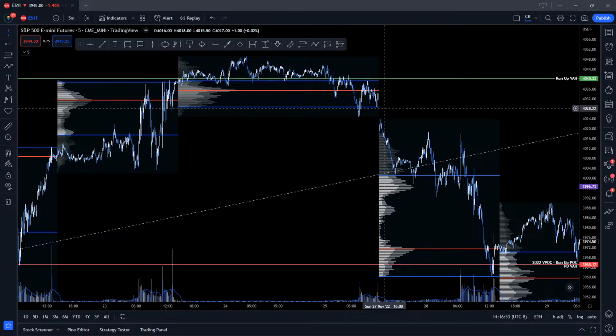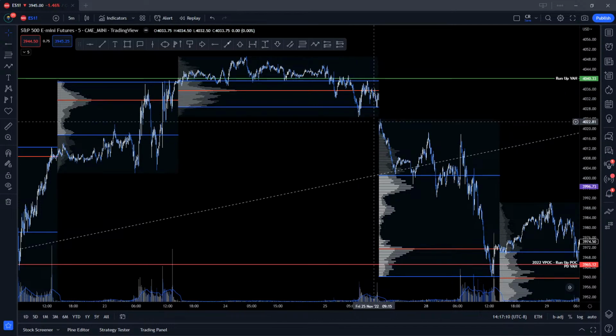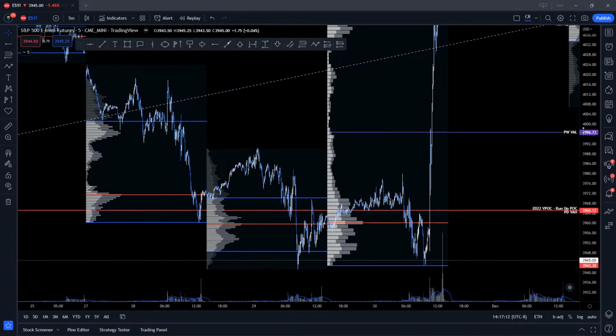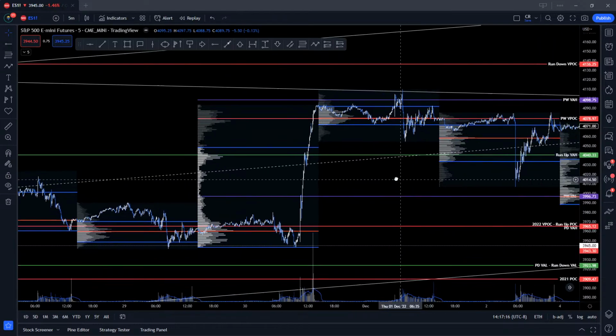And that's because the only time that ES is closed is from Friday through Sunday at 6 p.m. on the East Coast, 3 p.m. for me. So we do get a gap on Sunday, but every other day we have no gaps.